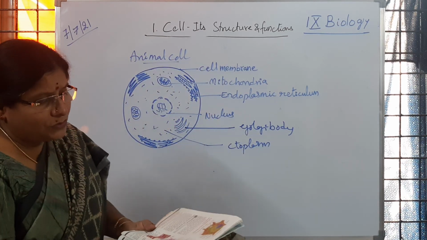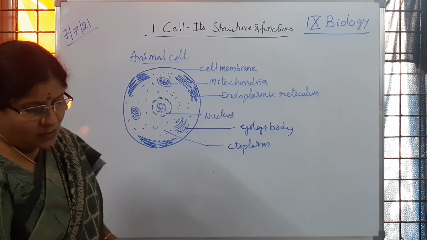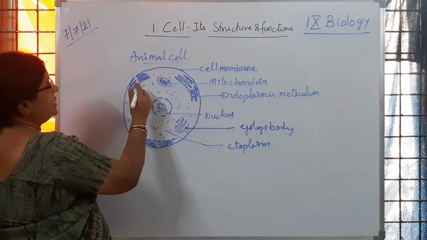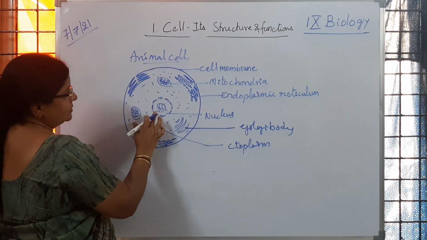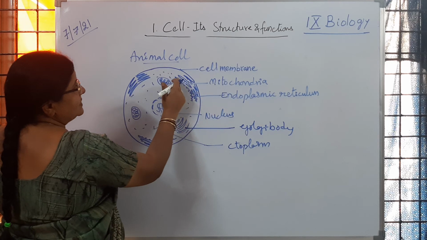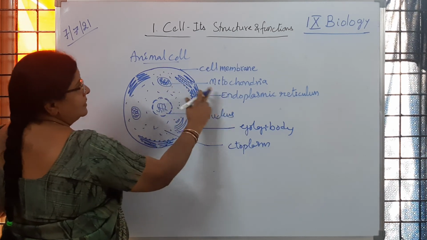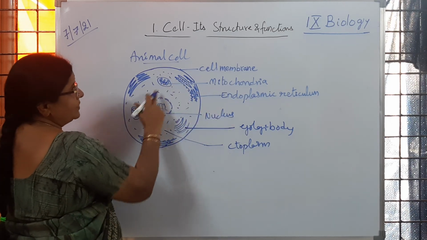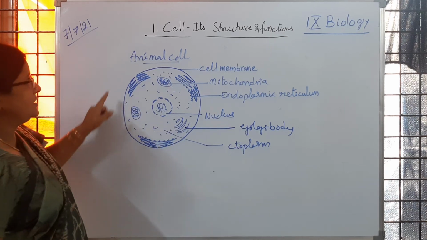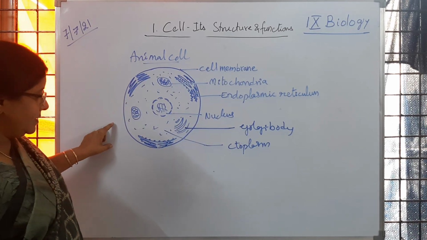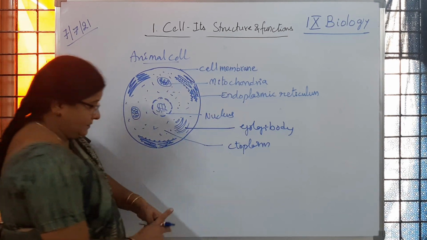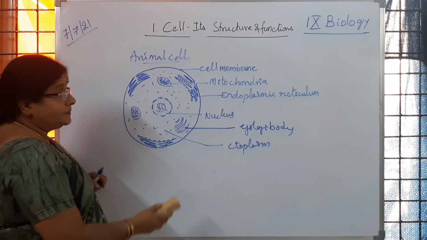Is it clear to you? These are all the different parts you are observing in an animal cell. Ribosomes are present on the endoplasmic reticulum. Then these structures are mitochondria, cell membrane, Golgi apparatus. So this is the animal cell diagram. Make a note of it and practice the diagram. Is it clear to you?